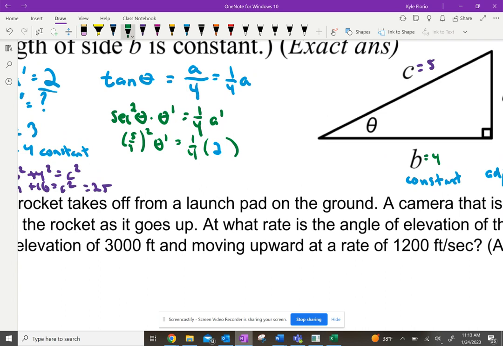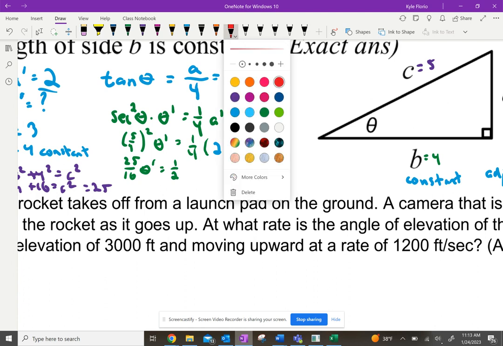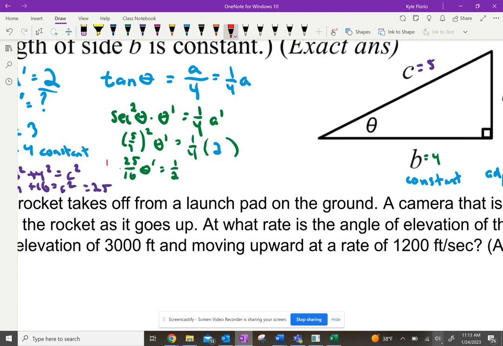All right, now it's just some algebra 1. 5 over 4 squared is 25 over 16. Four times 2 is 2/4, which is the same thing as 1/2. So now I'll just multiply both sides by 16 and divide both sides by 25.